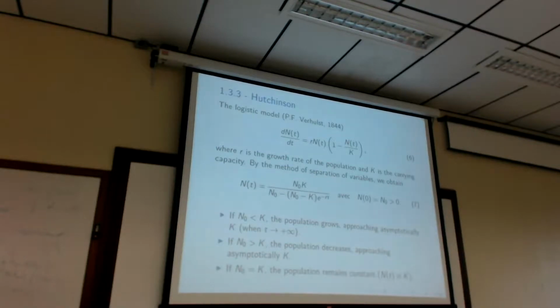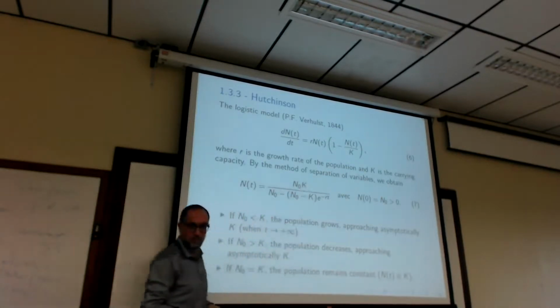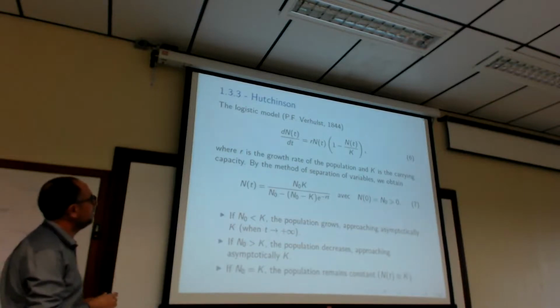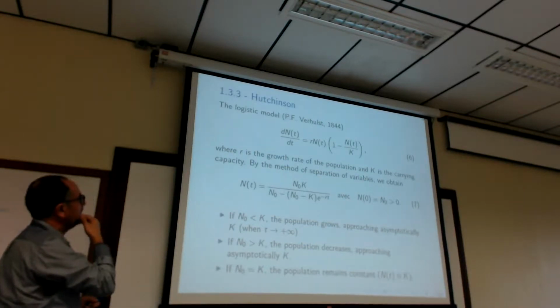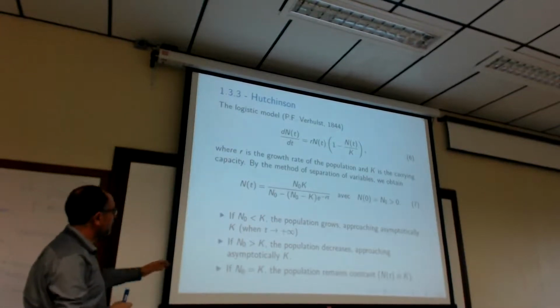If the initial condition is positive, it will stay positive. If the derivative is positive, it will stay positive all the time. If it's negative, it will stay negative. This is why we don't need this. It's very easy to know the behavior of solutions for an ordinary differential equation.